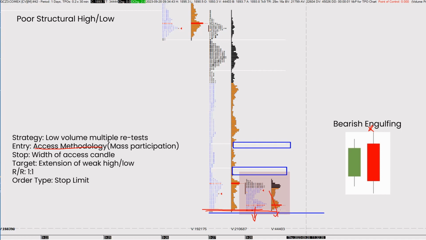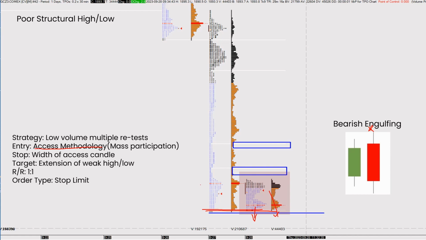Now, because these tight markets, these very poor high, poor low structures, very rarely extend, if you look at the maximum favorable excursion versus the adverse excursion, you'll notice the targets are very, very small. They typically have a very big skew towards the adverse excursion.